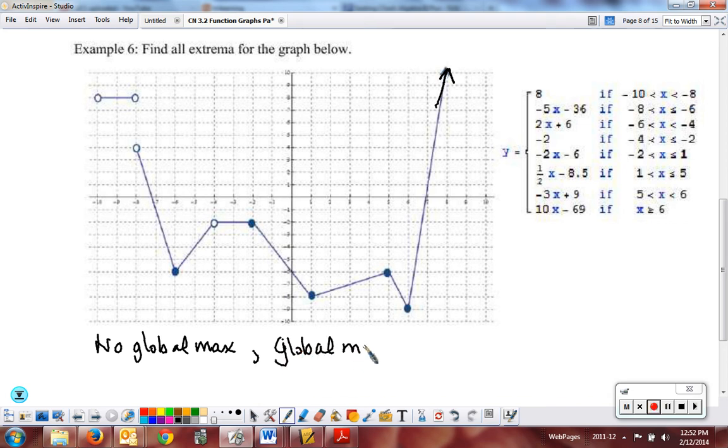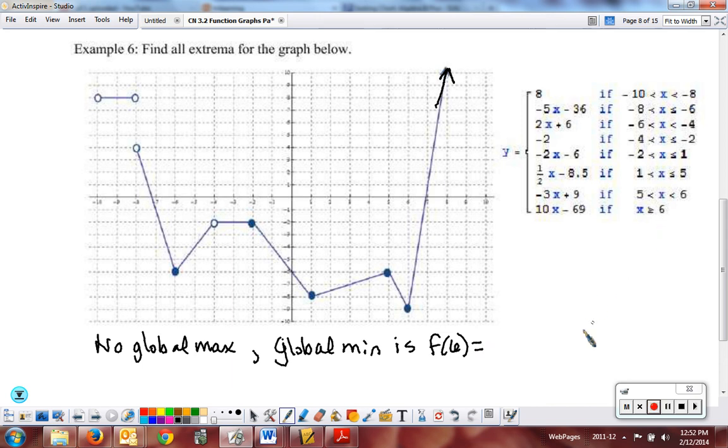min. Now, I could just say the y value, the global min is f of 6, but hey, what did I give you? I gave you equations over here on the side. So even if I was going to say the global min is f of 6, I'm going to go, oh wait a minute, I have an equation. What is f of 6?